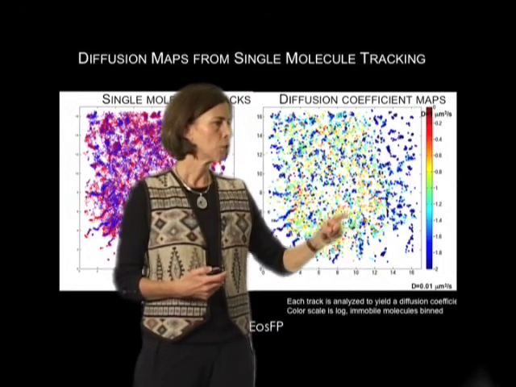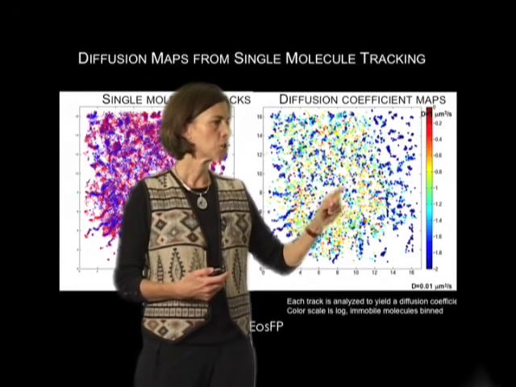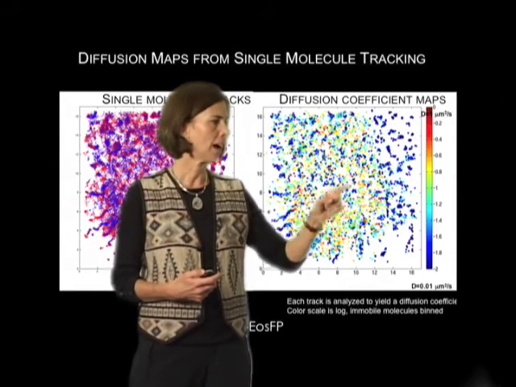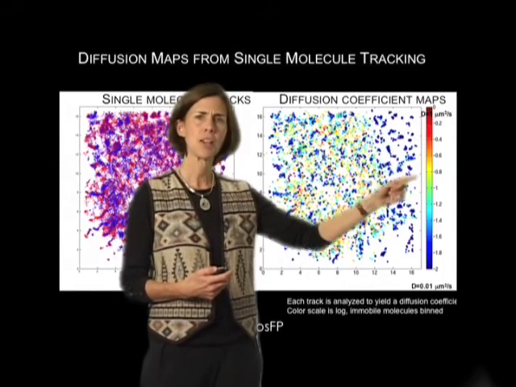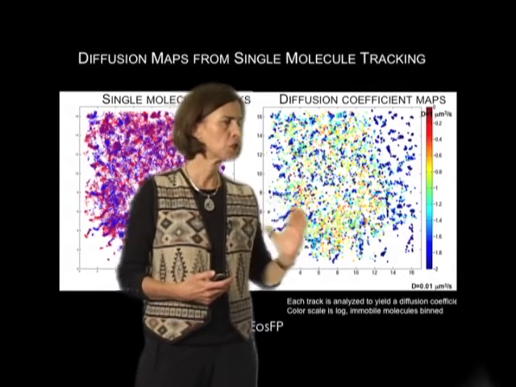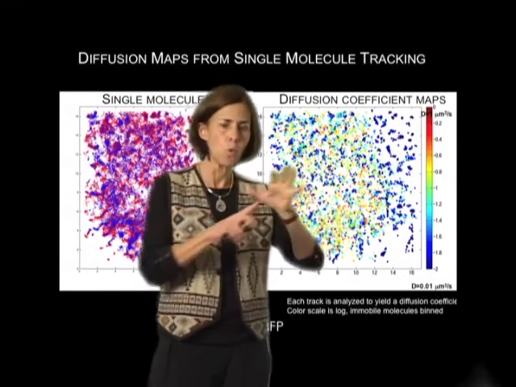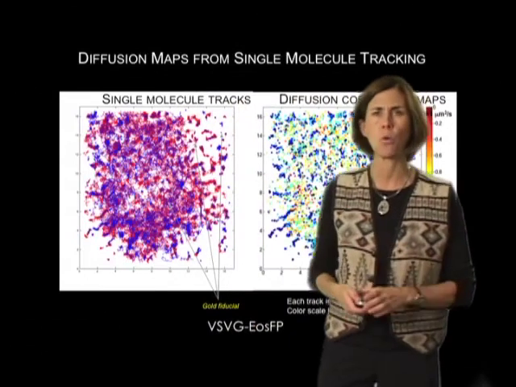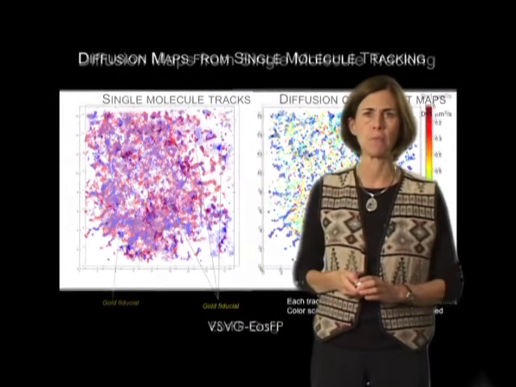Now, what you can see from this is that there are subsets of these molecules, in this case VSVG, that are highly mobile, and then there are subsets that are less mobile. And this gives you a spatial sense of where those molecules are distributed, ones that move fast versus slow, across the surface of the cell.